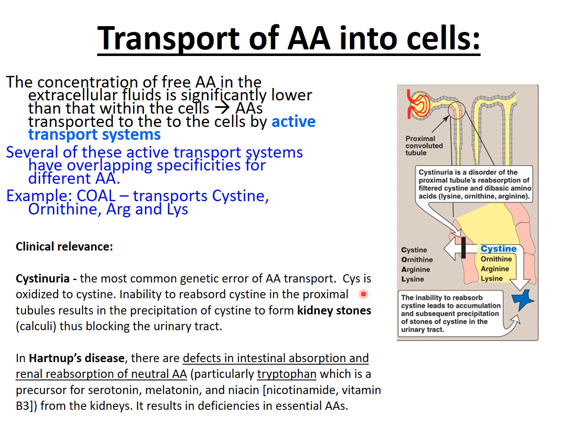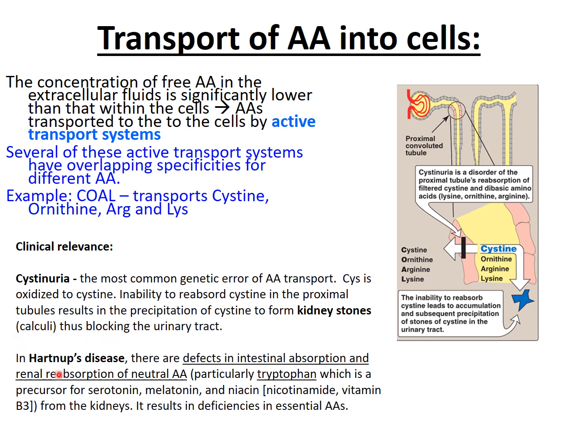And it is not only in the surface of our cells in general, but this transporter is also on the tubular system of the kidney to reabsorb cystine. Now, cystine is the oxidized form of cysteine, which is the amino acid, and if it is not reabsorbed by the kidney, then cystine will precipitate and form kidney stones. So this disorder is called cystinuria.